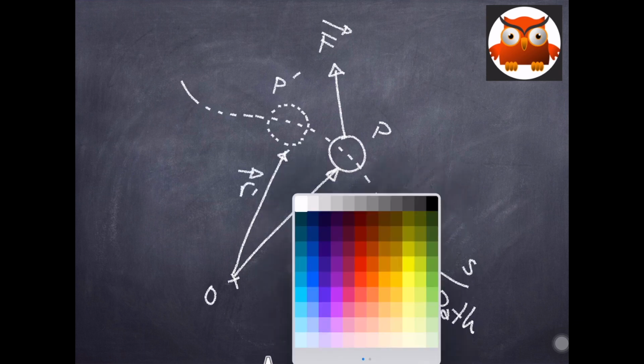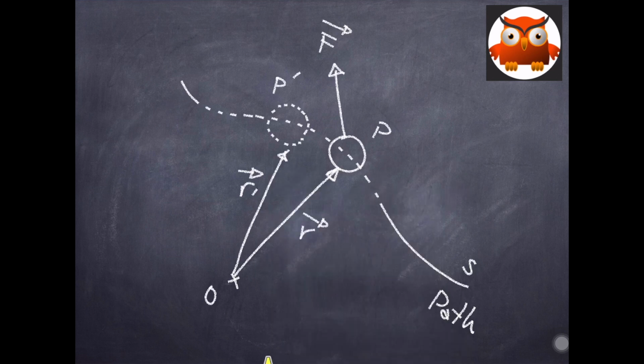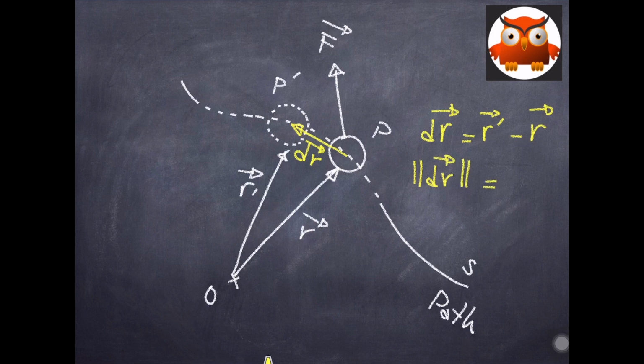So due to the applied force F, the particle will move a baby distance dr. So that dr is R prime minus R. The magnitude of this dr is ds.